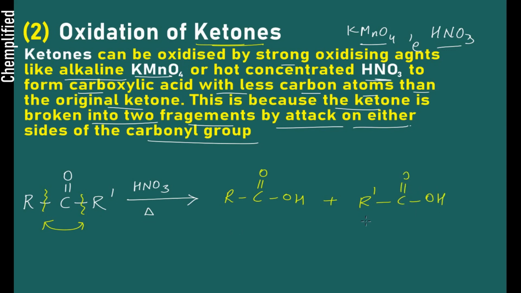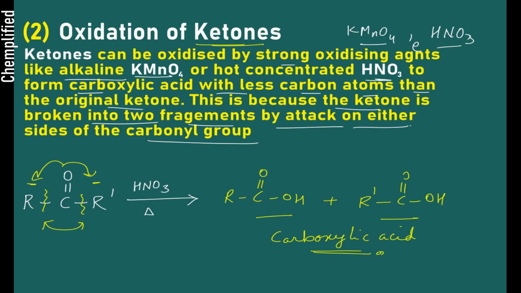It doesn't matter if the carbonyl group goes with this R or this R, or this alkyl group or this alkyl group. In both the cases, you will receive a carboxylic acid in the end, right? So you will get two carboxylic acids when you treat any ketone with KMnO4 or HNO3.